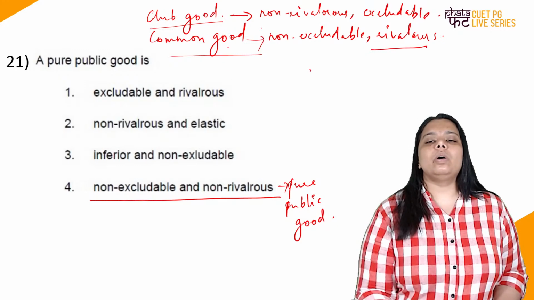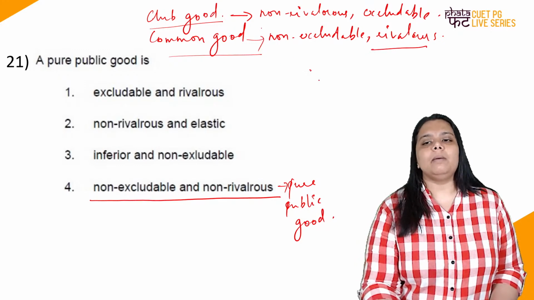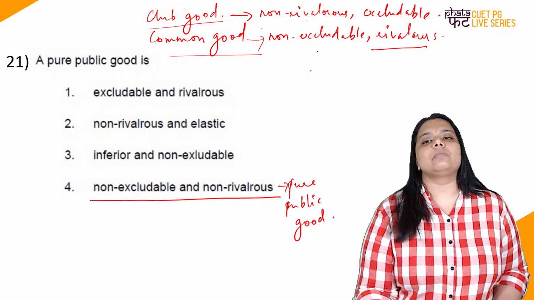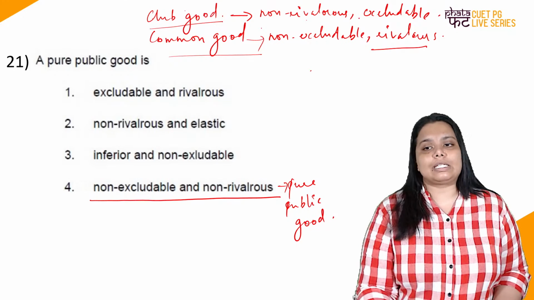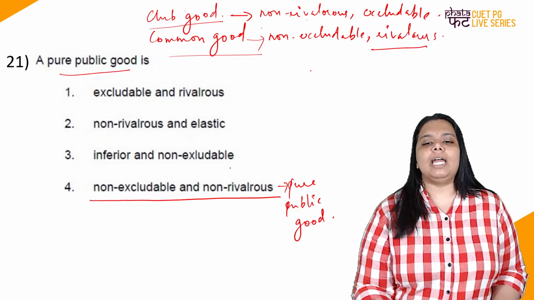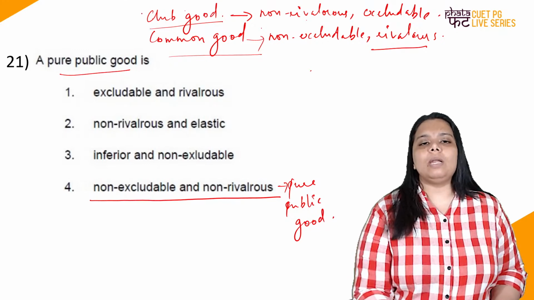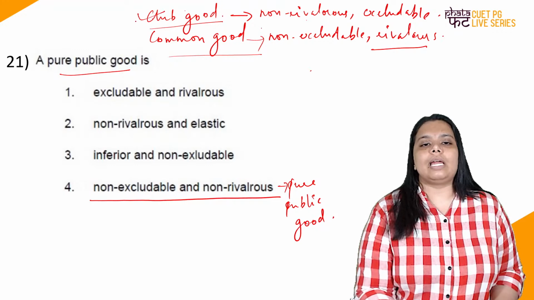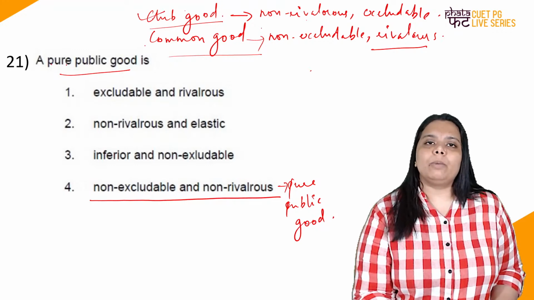Okay. So common goods are non-excludable but rivalrous. Whereas a club good is non-rivalrous but excludable. And in the case of a pure public good, it is non-excludable and non-rivalrous. So you can expect one of these. Either there is a question on club good, common good, or pure public good.